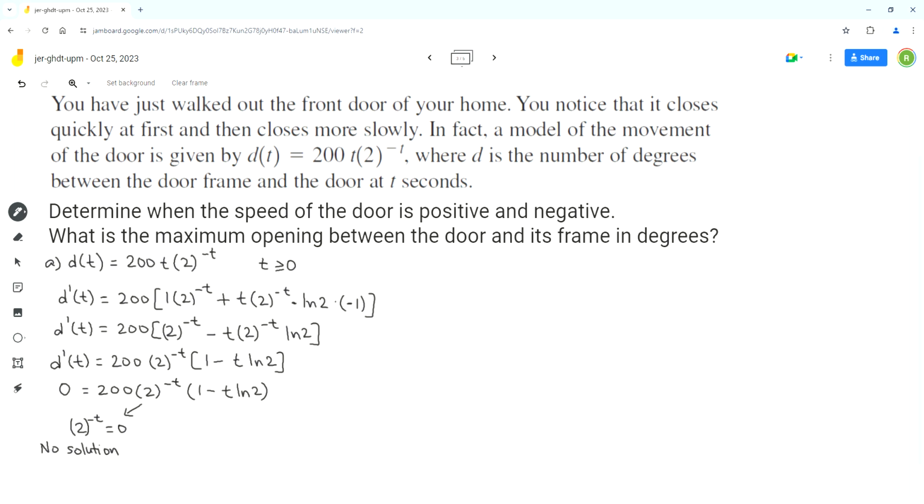Now we can analyze the second case. We can move this t term to the right side, and that will make it positive. And now we can divide both sides by ln 2.